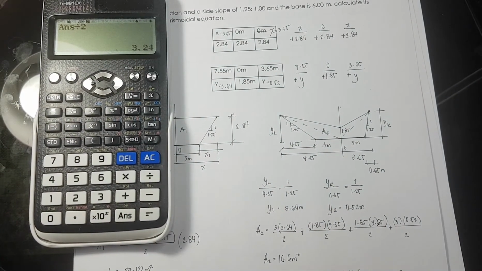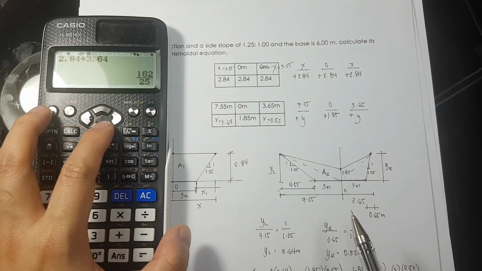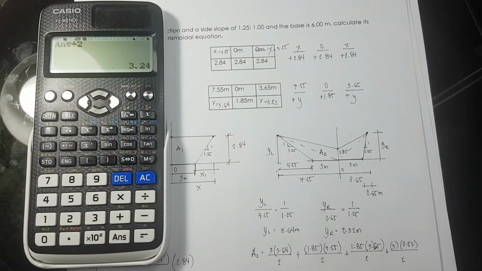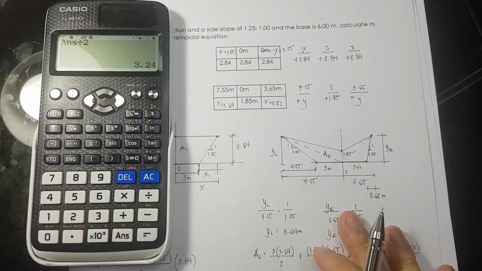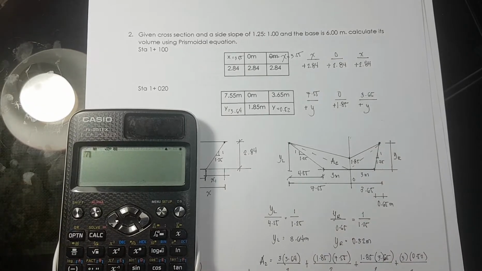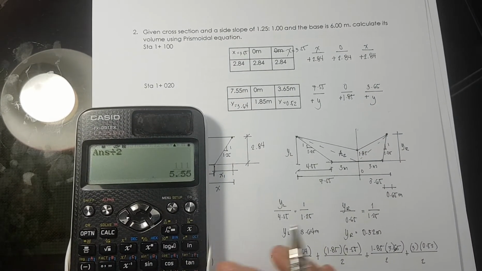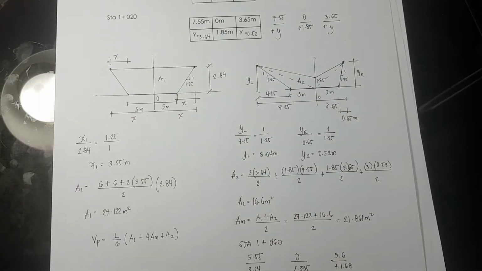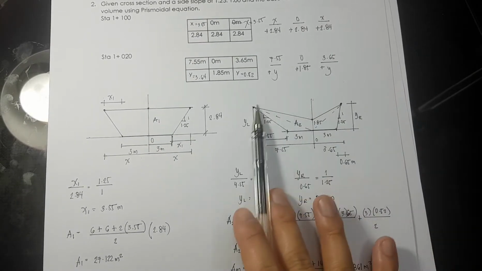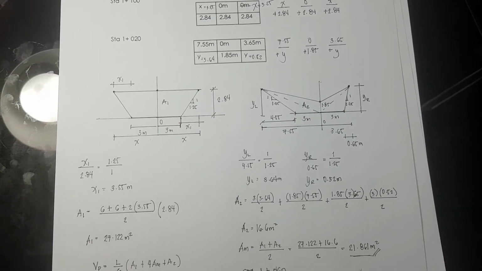Okay, so tama. 3.24 for the denominator. Tapos, we have here 7.55 plus 3.55 divided by 2. So, that is 5.55. Then, i-plot nyo ito. Then, saka kunin yung area using small triangles. Then, you should arrive at the same area middle.